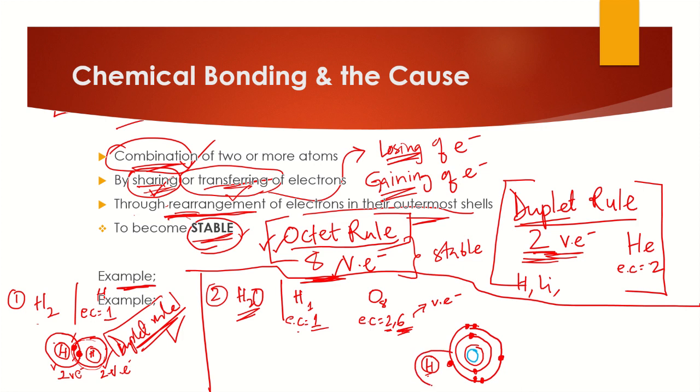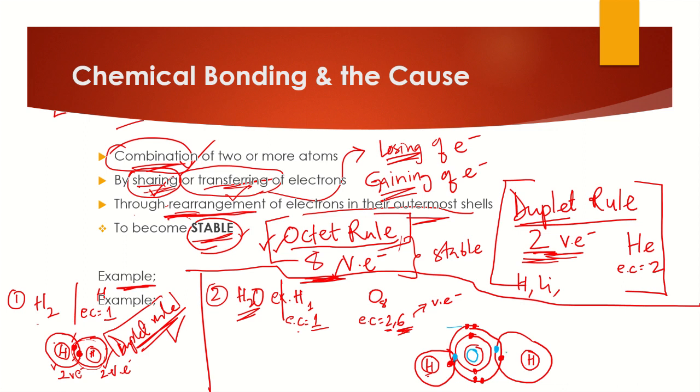For this I will overlap. Here I have represented the dot as the hydrogen's electron. Let me draw another hydrogen atom. Another hydrogen atom will also share its 1 electron with the oxygen atom.